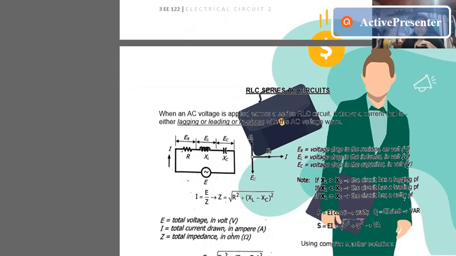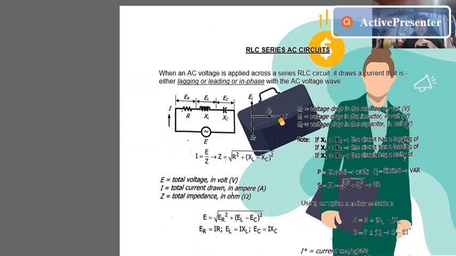So let's proceed. This is the combination, the RLC series AC circuits. When an AC voltage is applied across a series RLC circuit, it draws a current that is either lagging, leading, or in phase with the AC voltage wave.